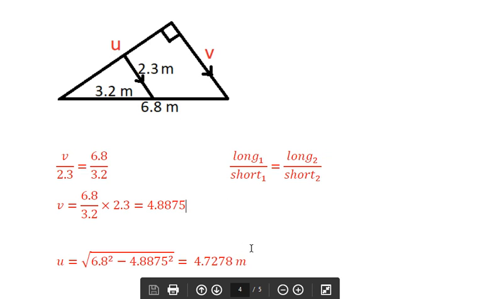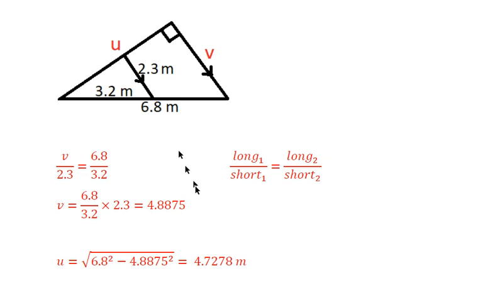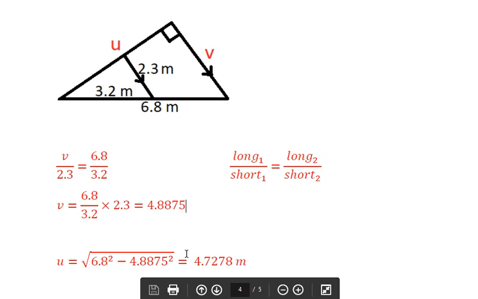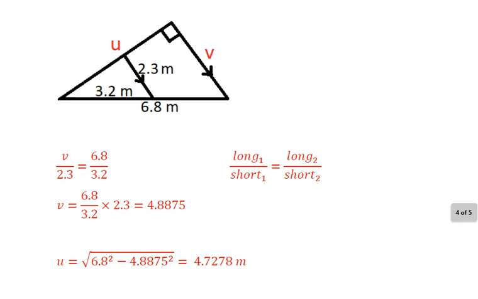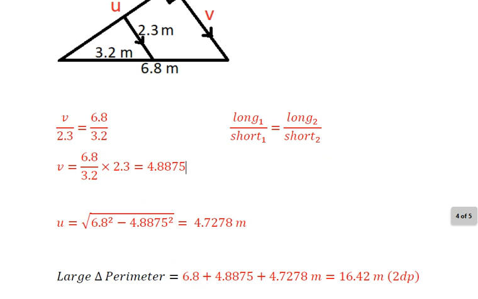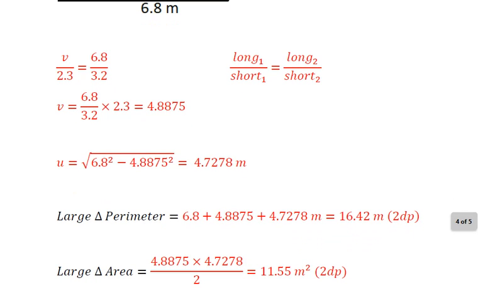Anyway, the point is that it's shorter than the long side, and you take the square root of it, and you end up with 4.7278. Now, once again, I haven't rounded it completely because I want to use this result in my final answer when I do the perimeter and area.